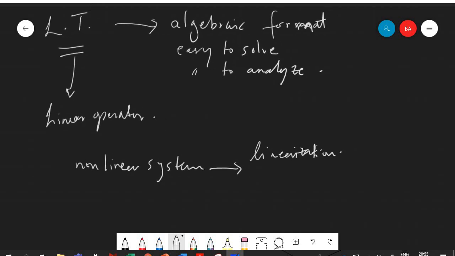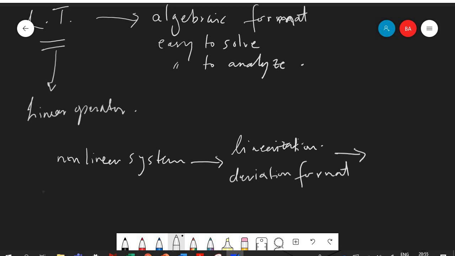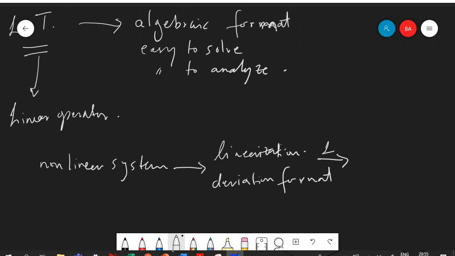And because we want to study differences, we need to put it in deviation format. After that, we can apply Laplace transform to get our s domain in the algebraic format.